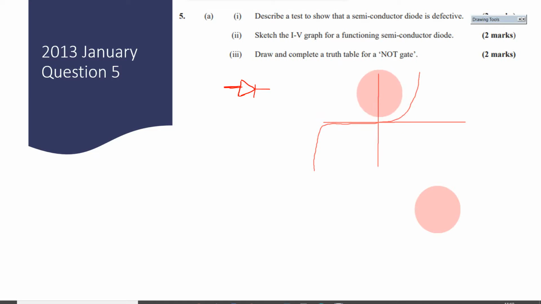This is typically the characteristic curve as we are describing it here. We could consider this axis to be current, I, and this side to be voltage.